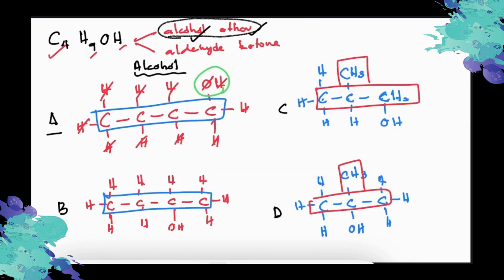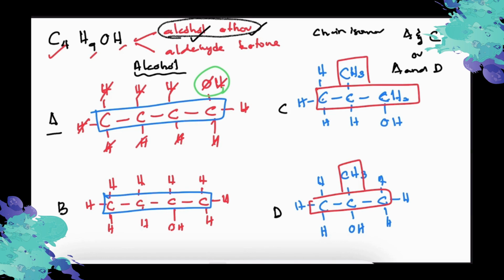Alright. For the alcohol, if you want to identify a pair of chain isomer, maybe A and C. It is an example of chain isomer because A is a straight chain while C has one branch, or A and D, a straight chain with one branch.